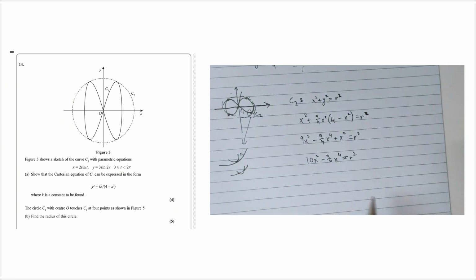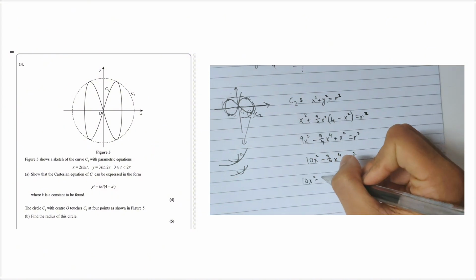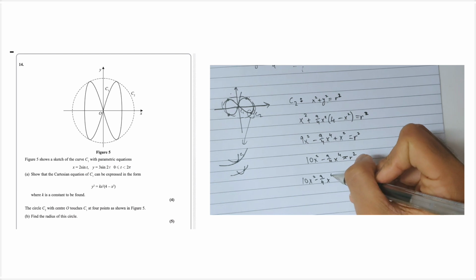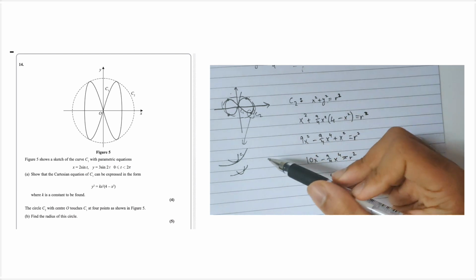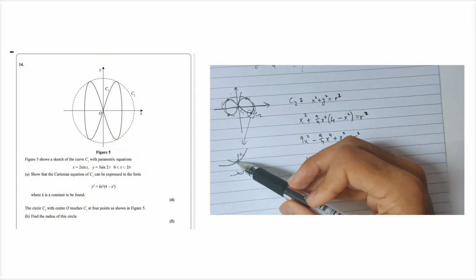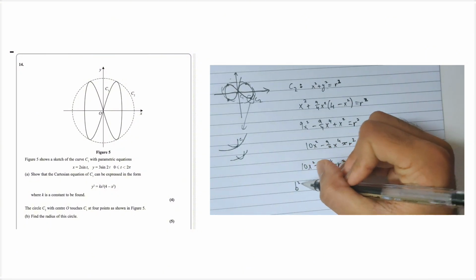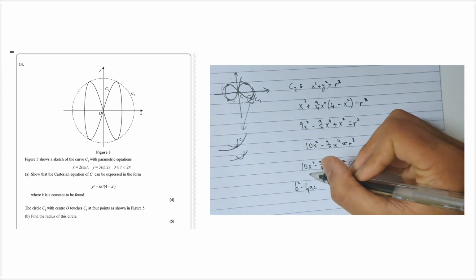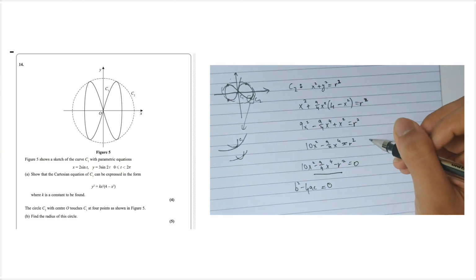So you could see that this also looks like a quadratic. If you shift everything to the left side, it becomes 10x squared minus 9 over 4 x to the power of 4 minus r squared equals 0. And since we know it touches only once at this point, we could use that b squared minus 4ac of this quadratic equals 0.